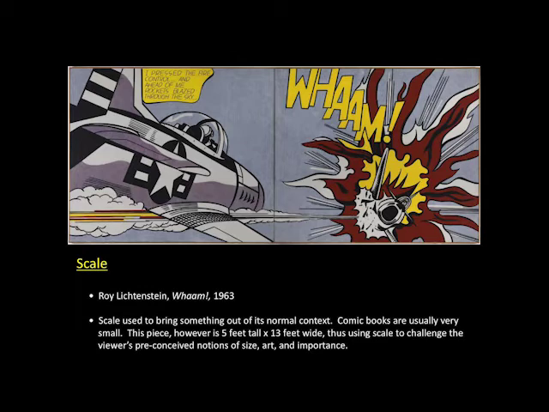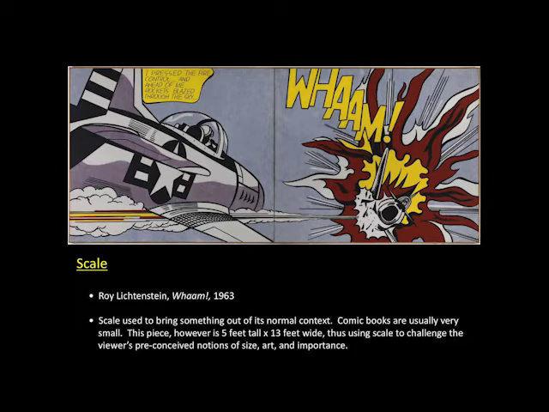Now, first thing I want to tell you is this was done in 1963 before we had large format printers. This was hand painted, so every one of the little Ben-Day dots that were used to make a comic book were hand painted by the artist Lichtenstein. So all these dots and all this texture that they used to color a comic book, he did it with paint.